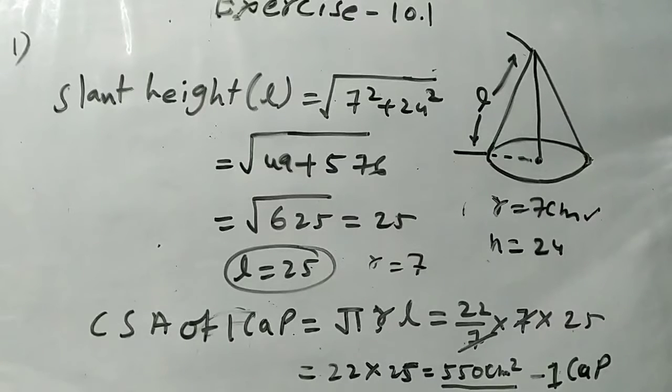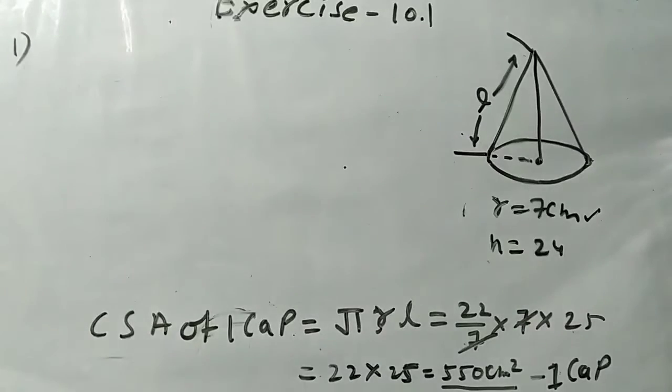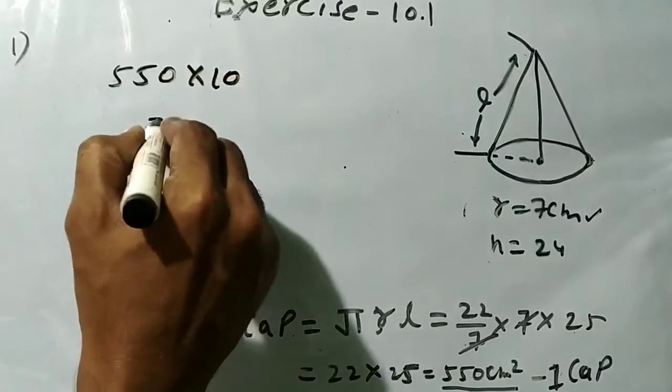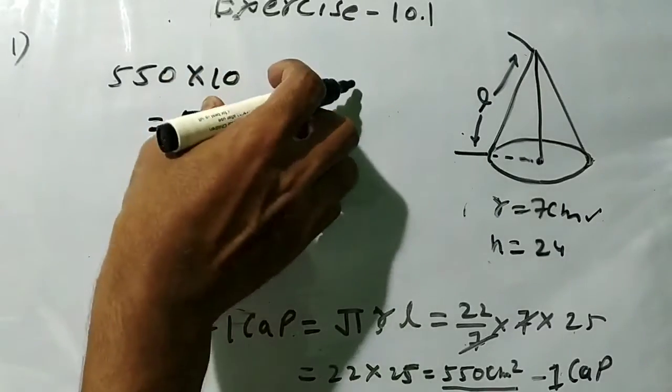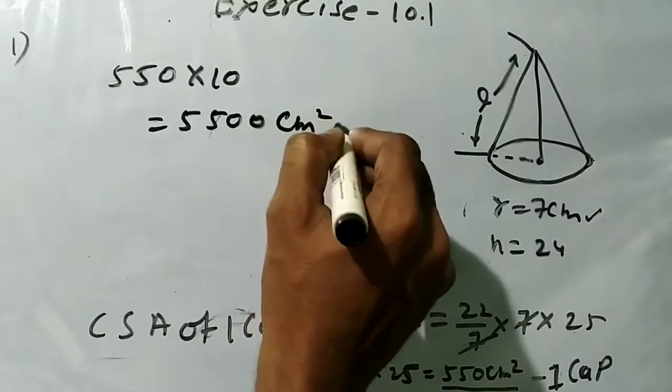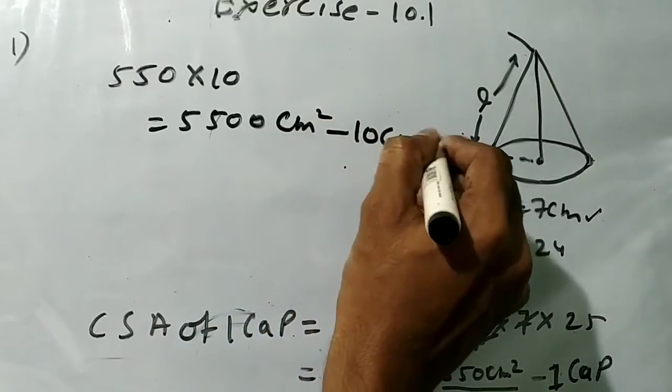So we have to make 10 caps, so one cap into 10, that is 550 into 10, which is 5,500 centimeter square for 10 caps.